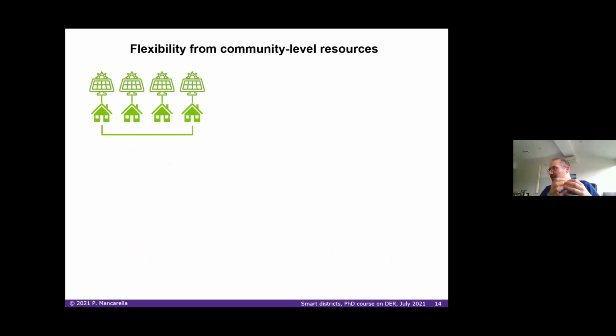Well, first of all, if each house is really operating individually, as we said, the only flexibility there is, is to curtail PV. So you would curtail PV primarily not to harm the distribution network, things that you saw with Nando. So it doesn't look like a very positive way of using your resources. Yes, there is flexibility, but it's a negative flexibility.